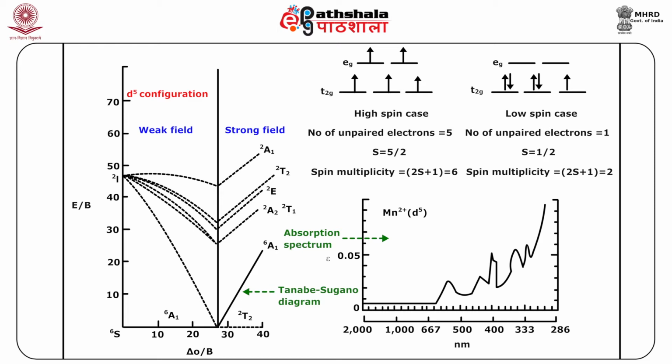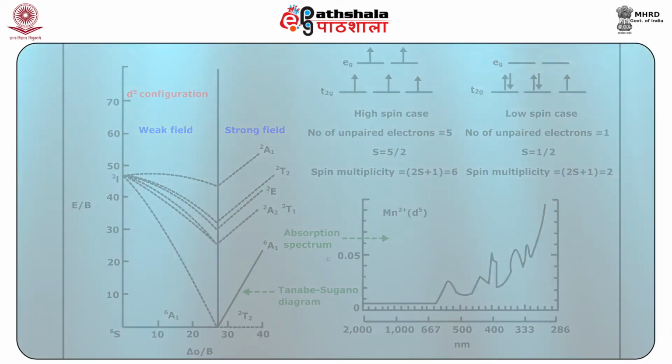From this ground state, no spin allowed transitions are possible since there are no excited states of the same spin multiplicity. Hence, the bands observed are very low in intensity since they originate from forbidden transitions.